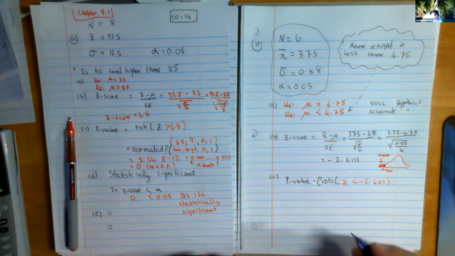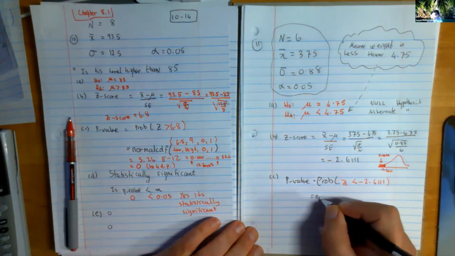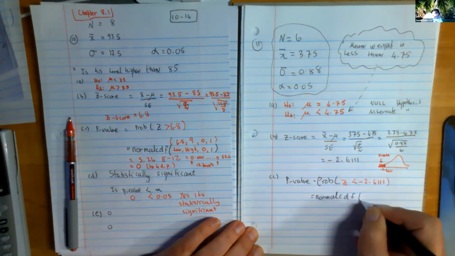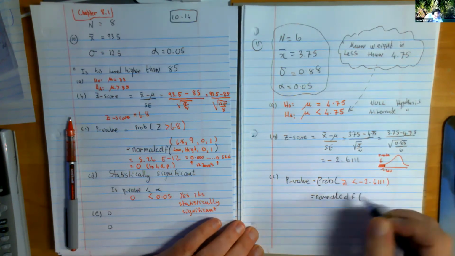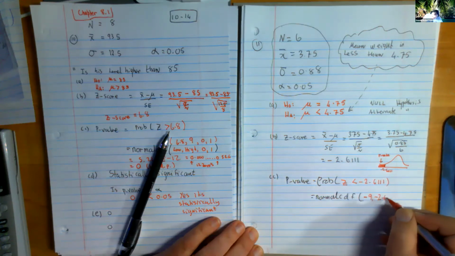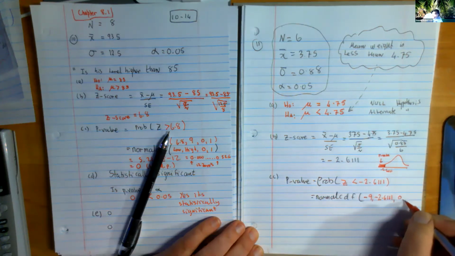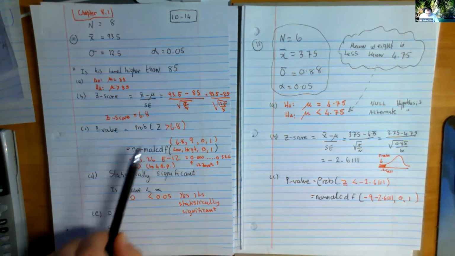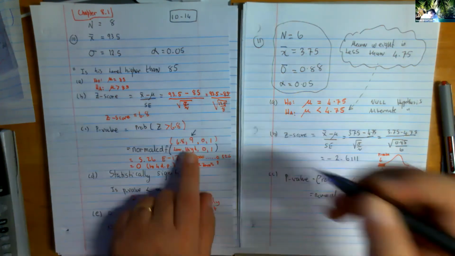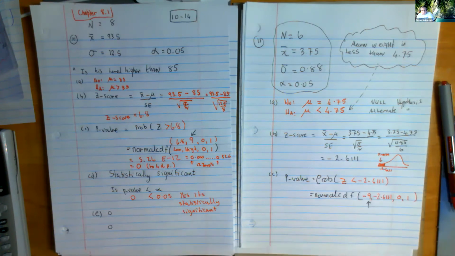Well, that's going to now be a normal CDF of this number or less. If you want this number or less, have you noticed now the difference between the order?